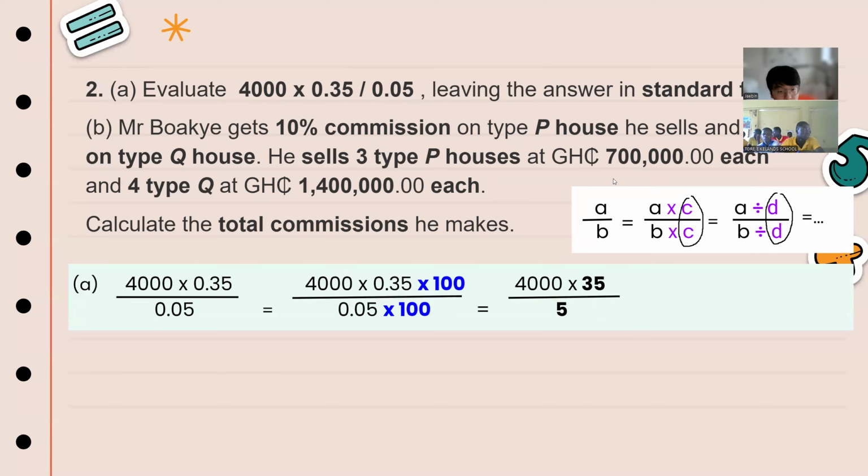So this is the basic concept, and we can apply it here. It's difficult to multiply by a decimal and divide by a decimal. So we can make this simpler by multiplying the numerator and the denominator by 100.